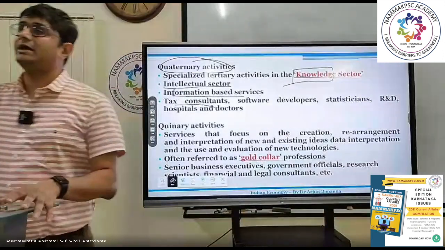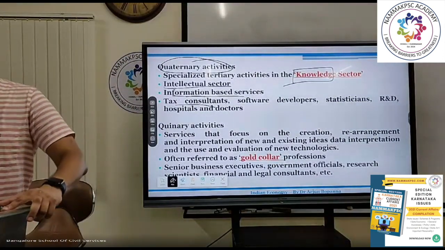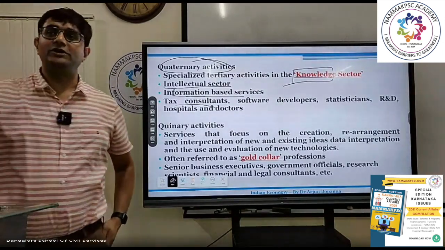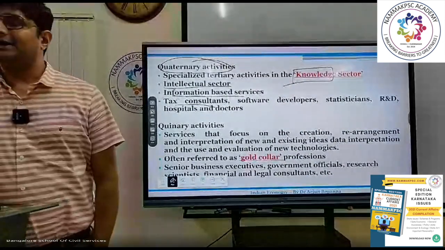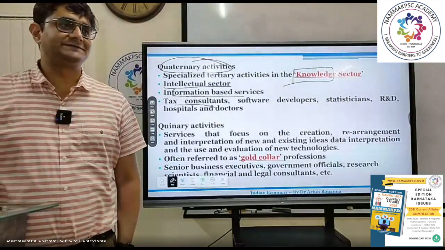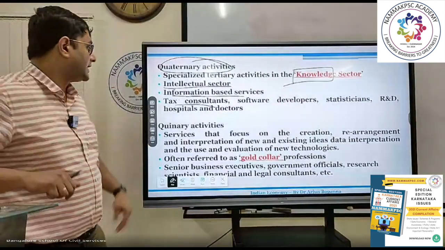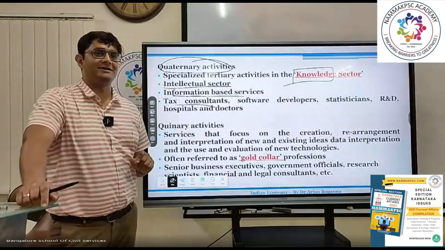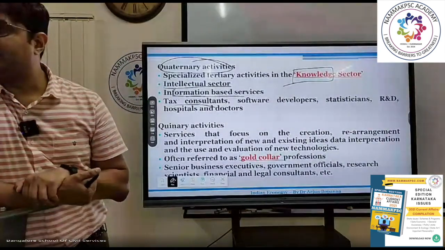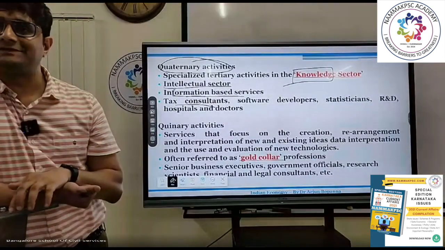You have one more type of tertiary activities, higher level, who are decision makers, policy makers, intellectual property right owners. They are called quinary activities, like the CEO of the company, like IAS officers who take policy decisions.